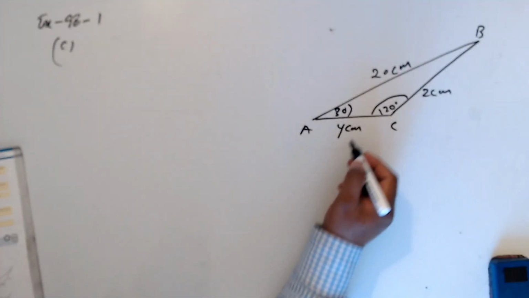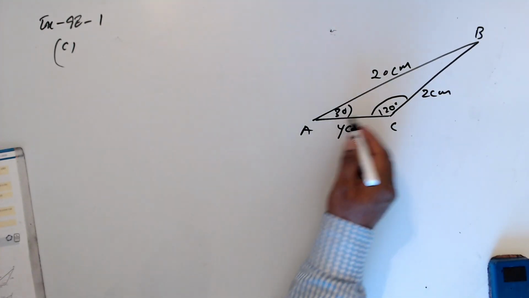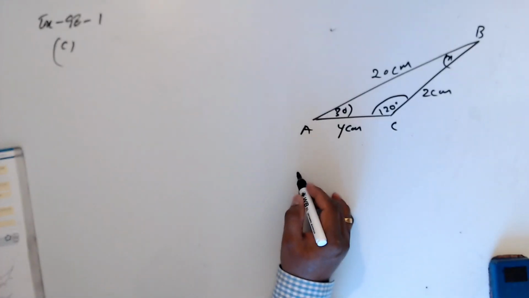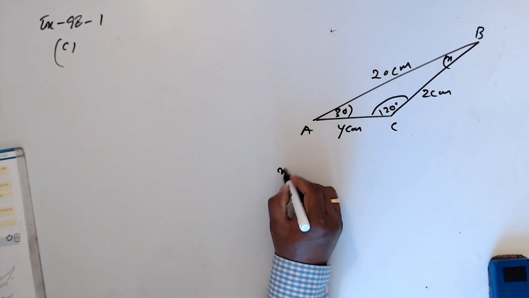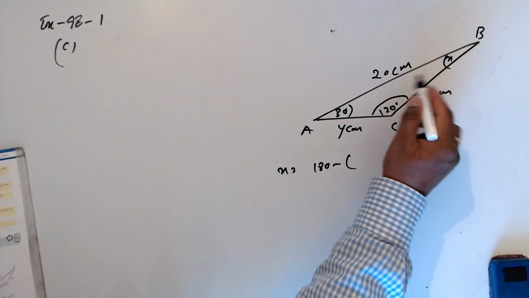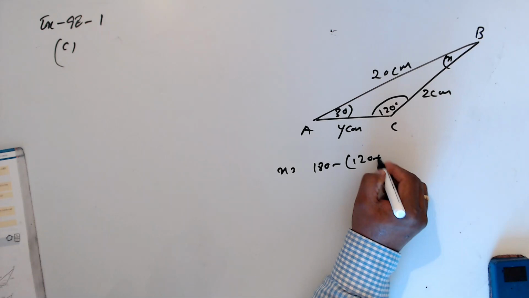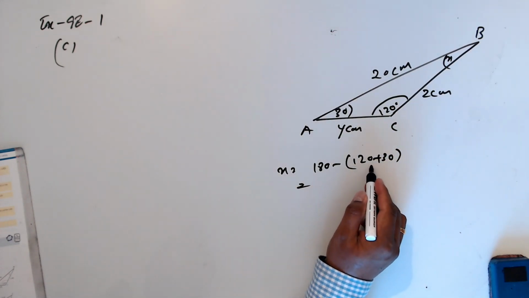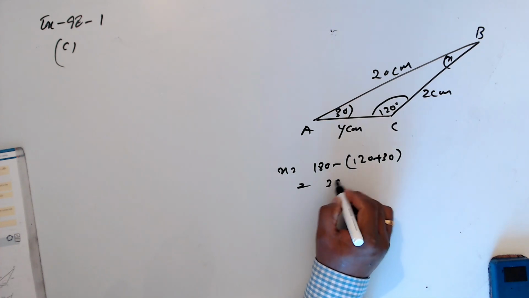So part C. So this is going to be x. I think I can easily find x. x equals 180 minus 120 plus 30, which is 150. This is 30.